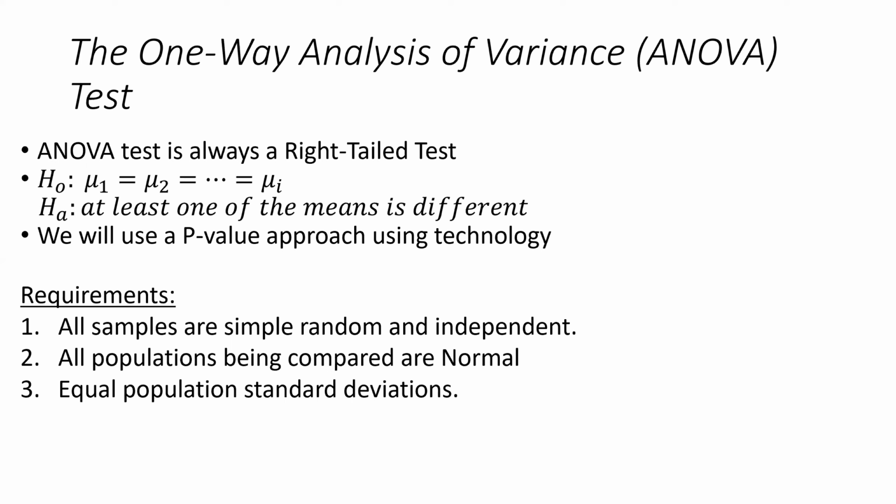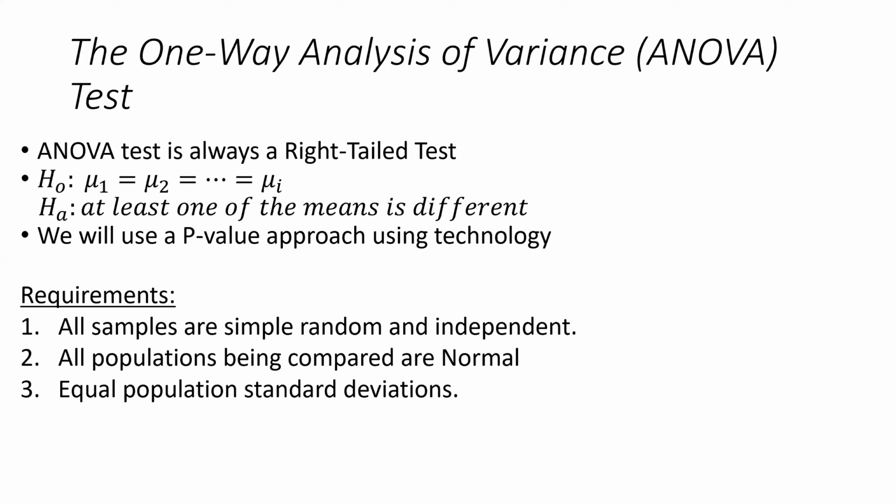Okay, so let's go over the requirements. Requirement number 1, all samples are simple, random, and independent. Number 2, all populations being compared are normal. And number 3, equal population standard deviations.